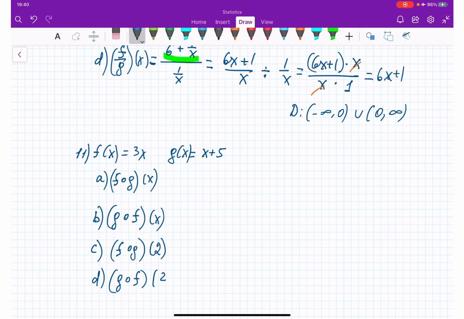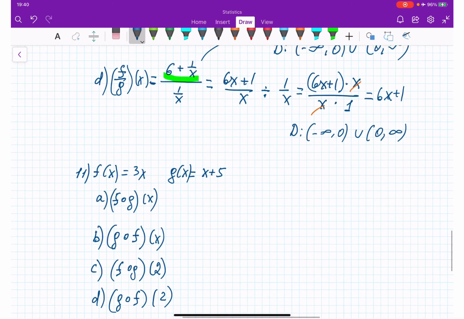Now, the composition of function f with g of x is not equal to the composition of function g with f of x.